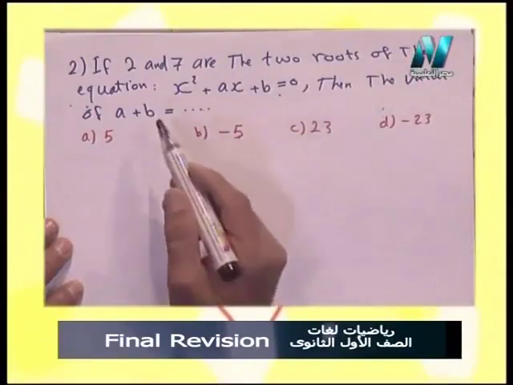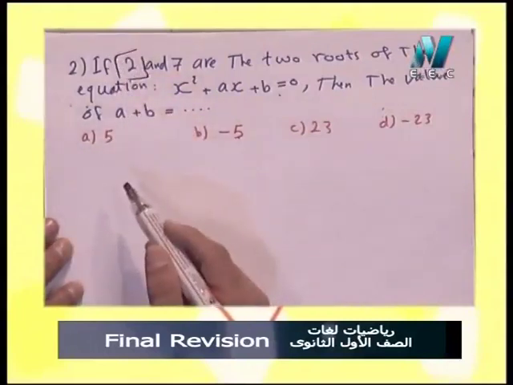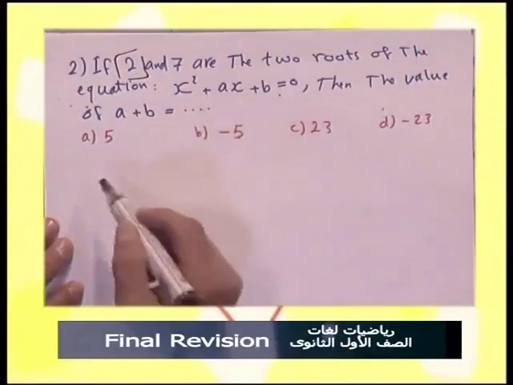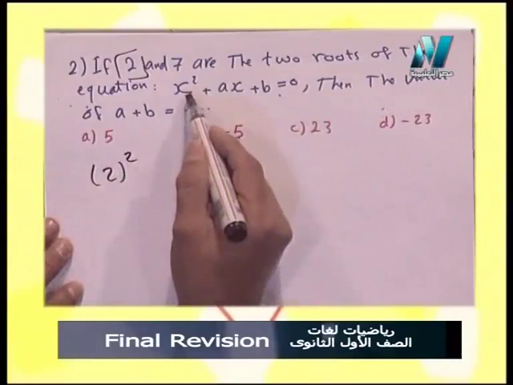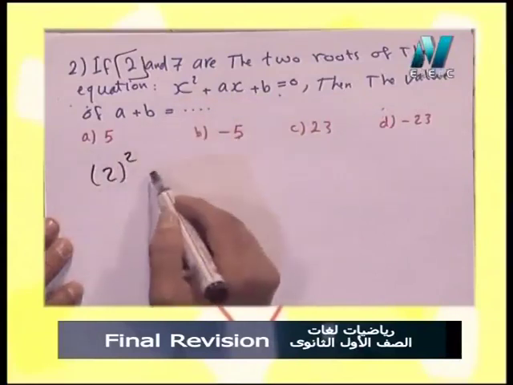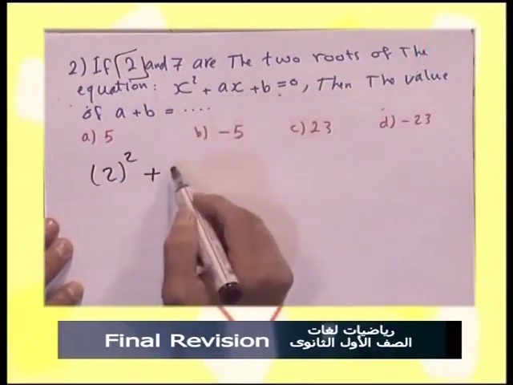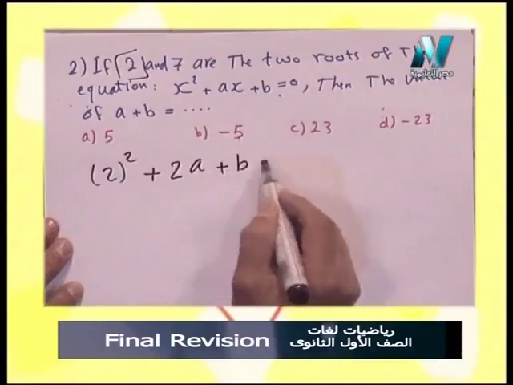We have to substitute first by 2. Put each x here as 2. So 2 power 2, instead of x we put 2, plus a times 2. We write it as 2a plus b equals 0.